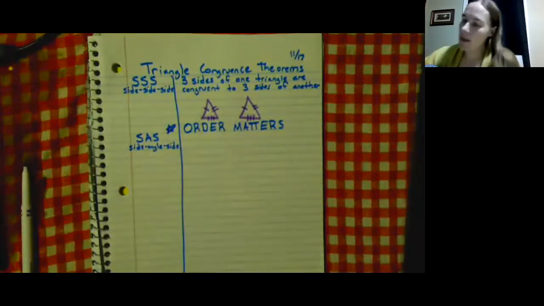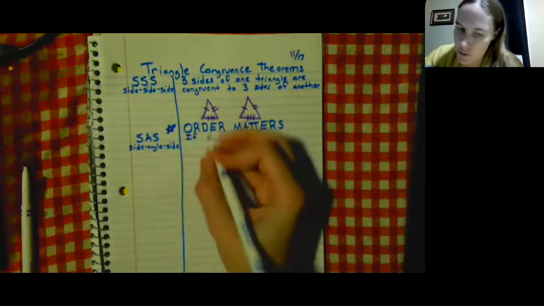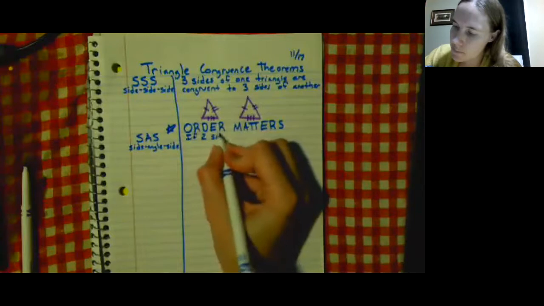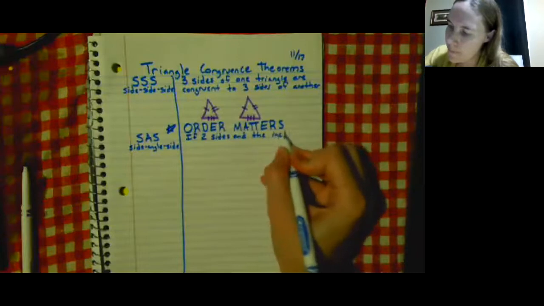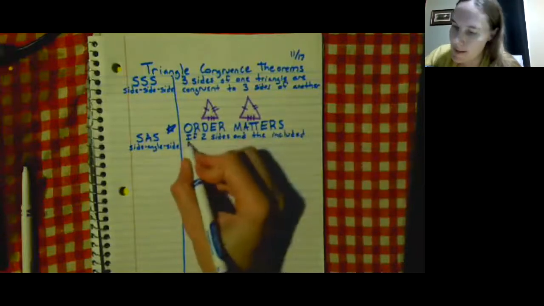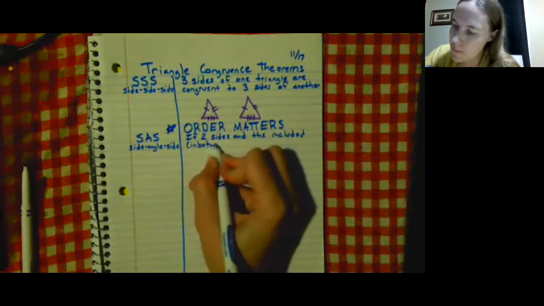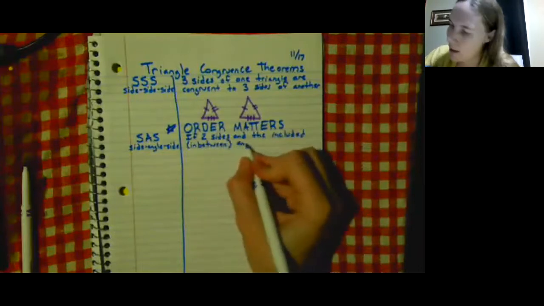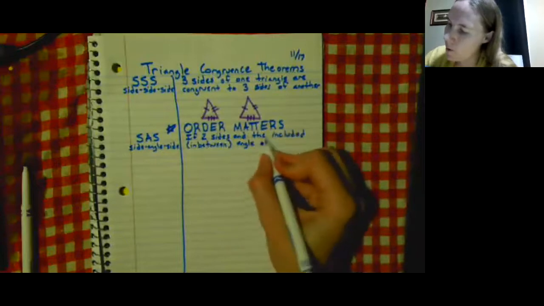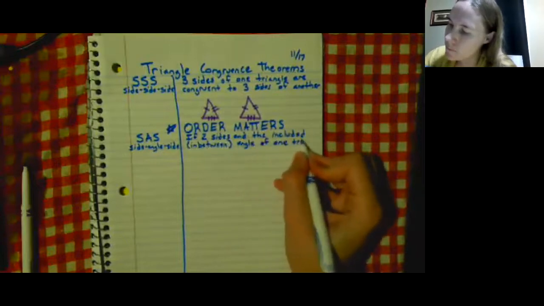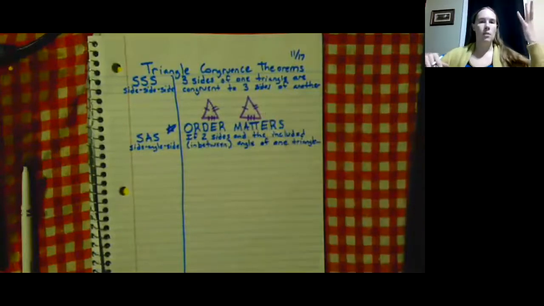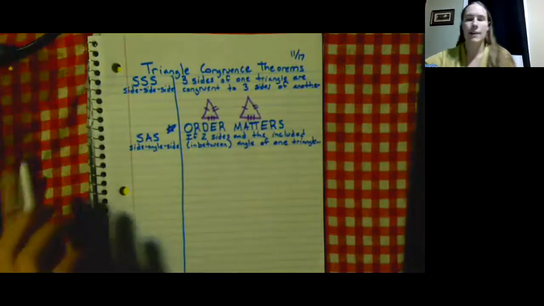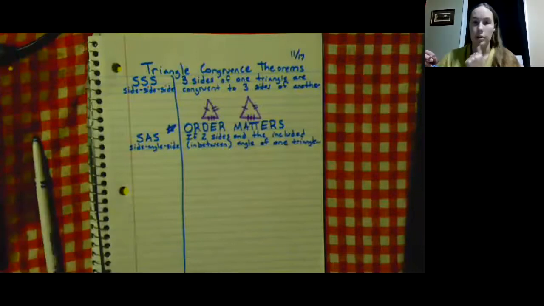And for this one, this is if two sides and the included angle (included means in between) of one triangle are congruent to two sides and the included angle of the other one. So that is just what it repeats, because I'm lazy and don't feel like writing it out, and I doubt you want to either.